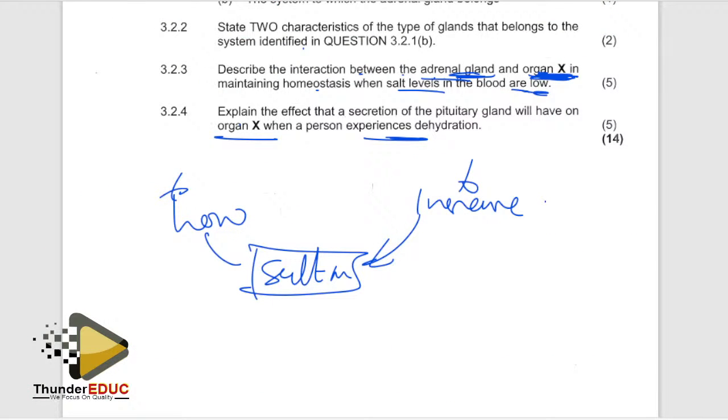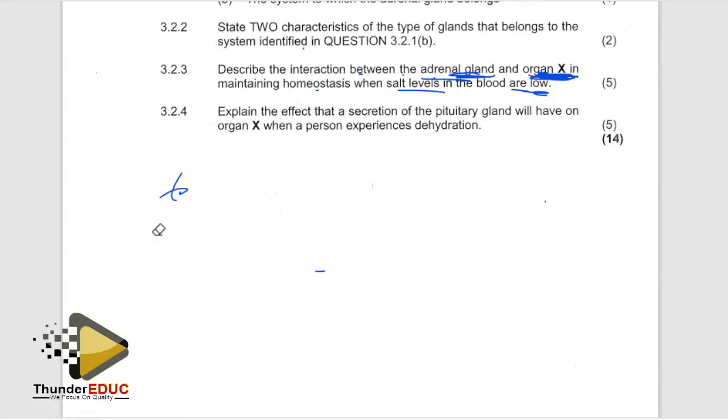Then the second last question says: explain the effect that secretion of the pituitary gland will have on organ X when the person is dehydrated.